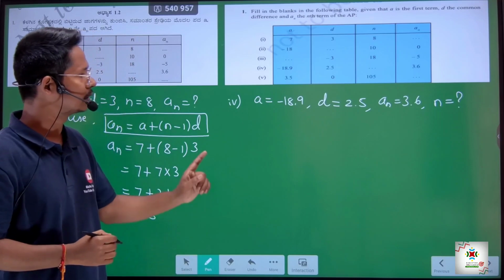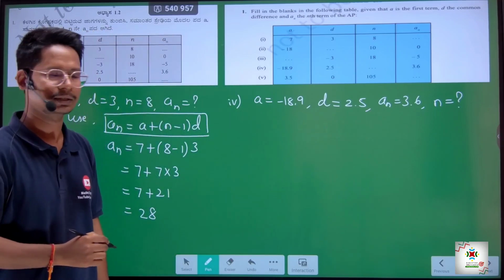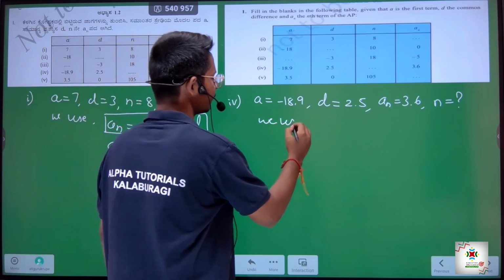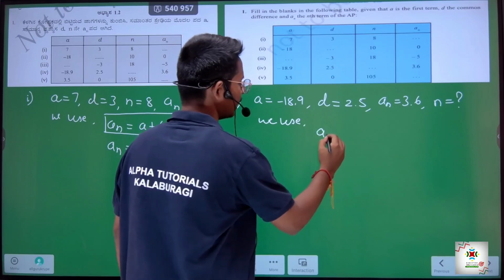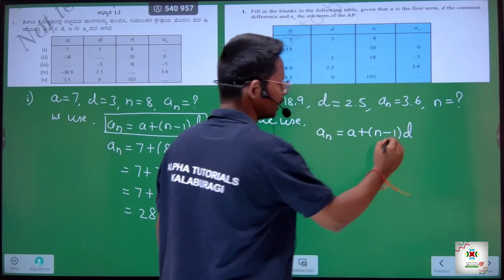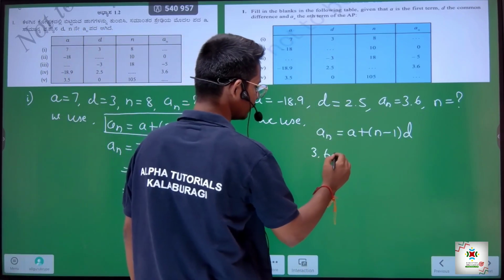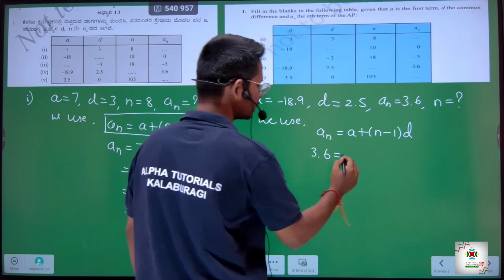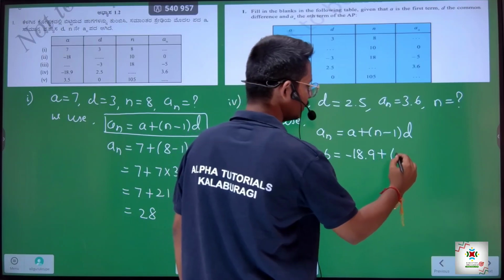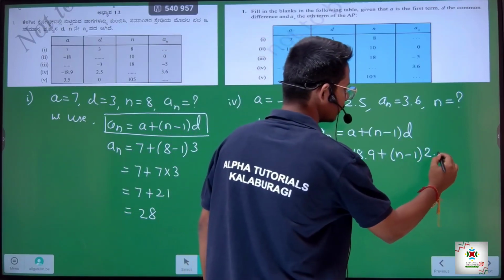Now again, is there any formula that relates all these terms? Yes, the formula is the nth term formula. We use an equal to a plus n minus 1 d. For the an value, first you substitute 3.6, the a value, the first term, minus 18.9, plus the n value we need to find, minus 1 as it is, and the d value is 2.5.